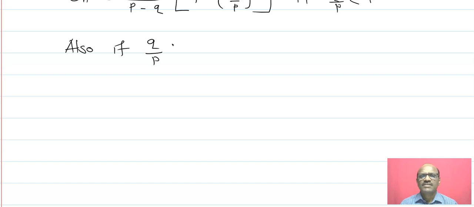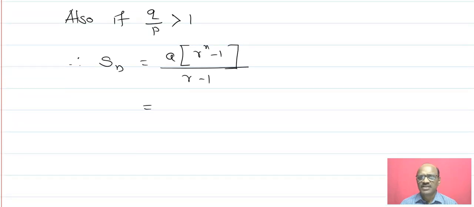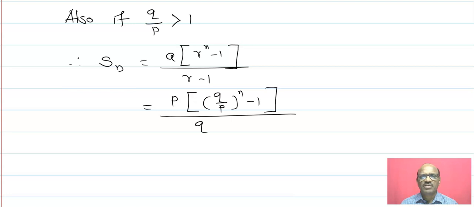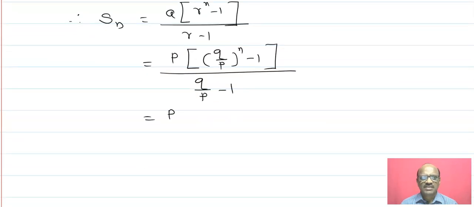Also, if the value of q upon p is greater than 1, then it is a in bracket r raised to n minus 1 upon r minus 1. That is a p in bracket q upon p bracket raised to n minus 1 upon q upon p minus 1.